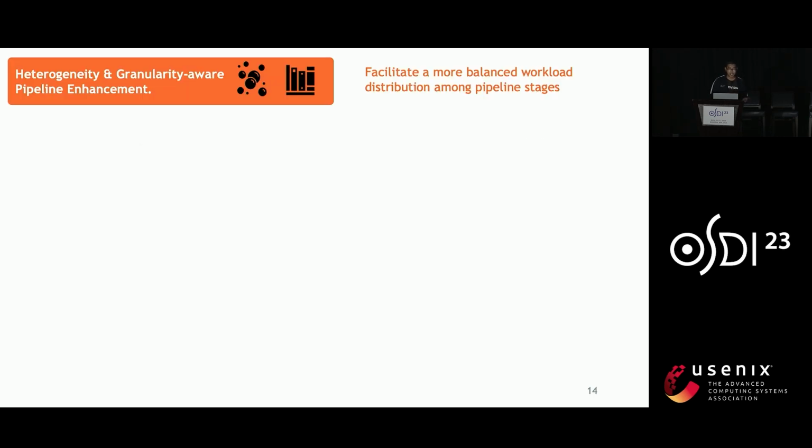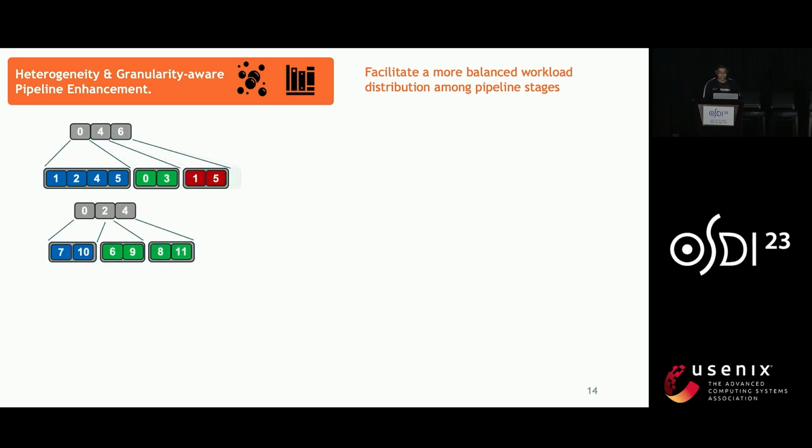This optimization is trying to facilitate a more balanced workload distribution among pipeline stages. Our key observation is that the coarse-grain pipeline could hardly adapt to diverse input. We therefore partition the existing workload and make it into smaller chunks to facilitate the overlapping.